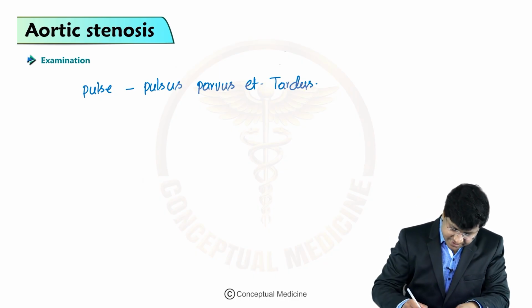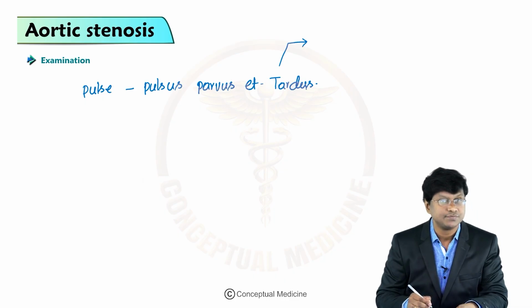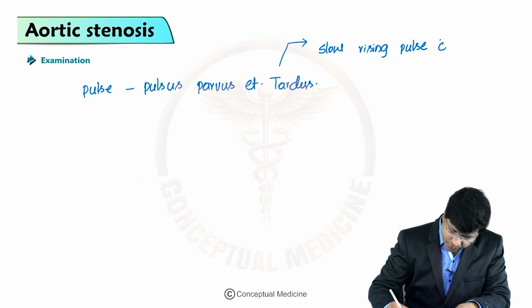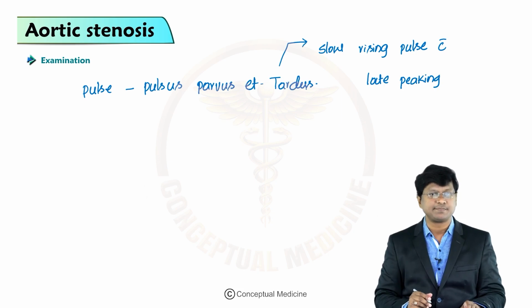So, what do you understand by the words pulsus parvus et tardus? It is a slow rising pulse with late peaking. That is what is called pulsus parvus et tardus.